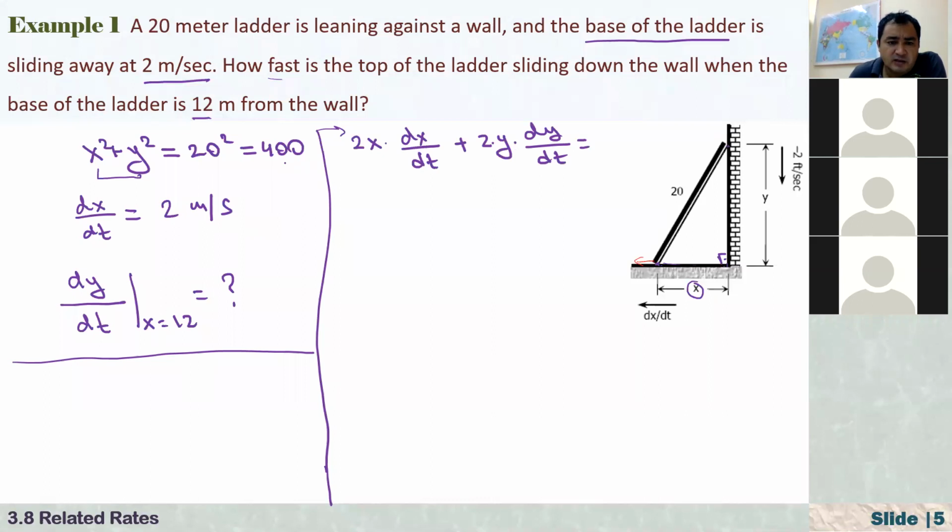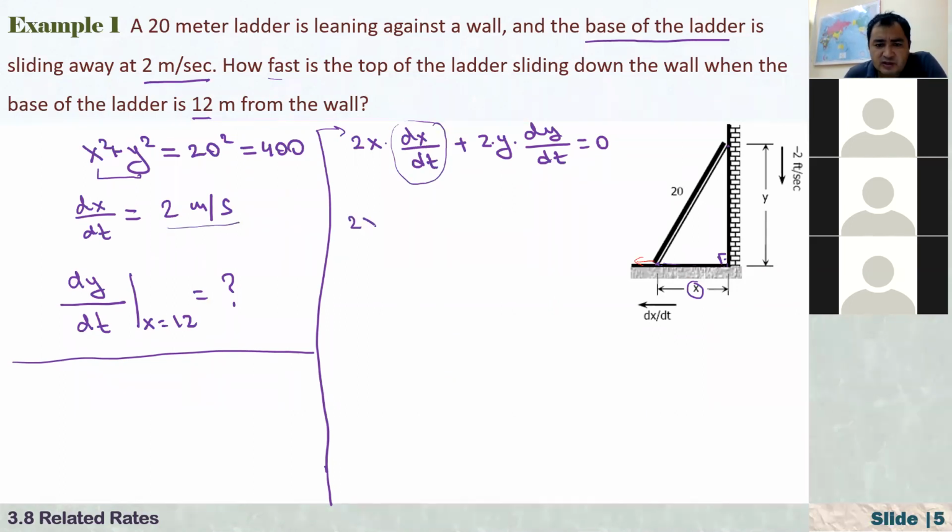On the right-hand side, the constant number, if you differentiate with respect to time, it's not changing. The rate of change of this constant number is 0, right? So now from here, we know that dx/dt is given, right? It is changing at the constant rate, that is 2.